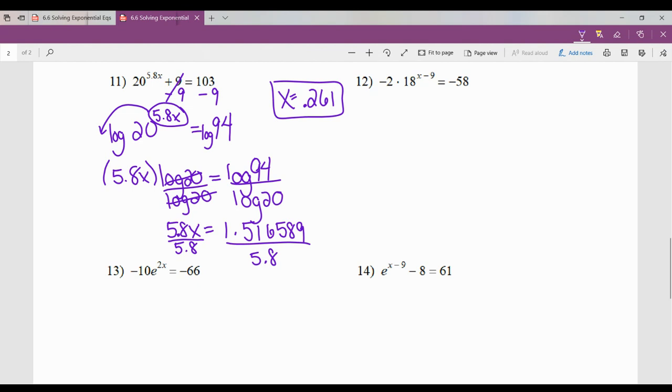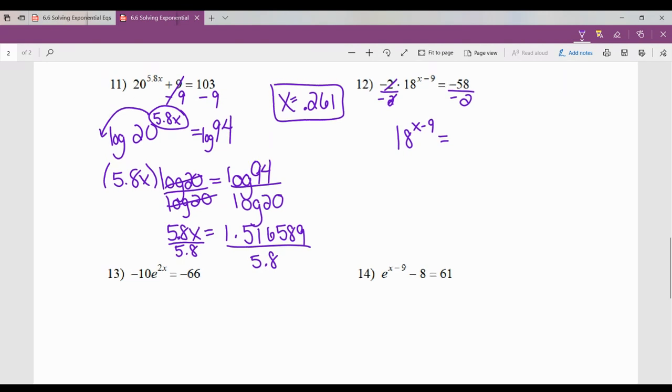Okay, on to number 12. I've got something outside of the base and exponent, so let's get rid of that multiplying by -2 first, by dividing by -2. So I'm going to get 18 raised to the x minus 9 equals, and then -58 divided by a -2 is 29.